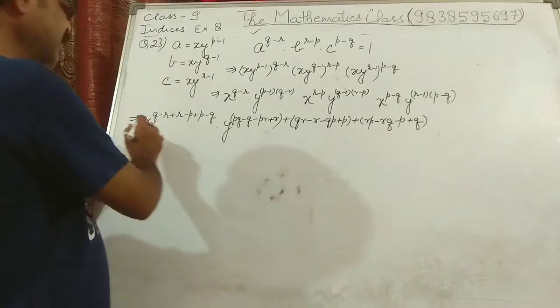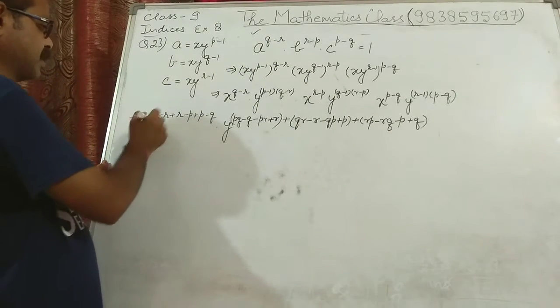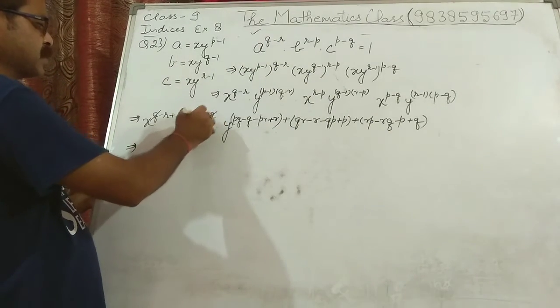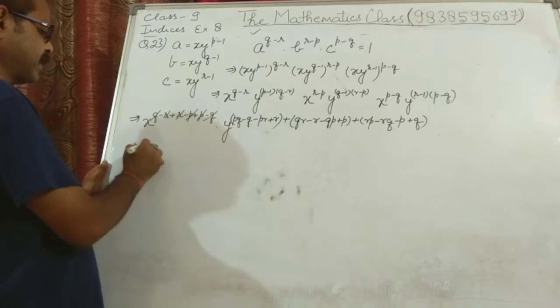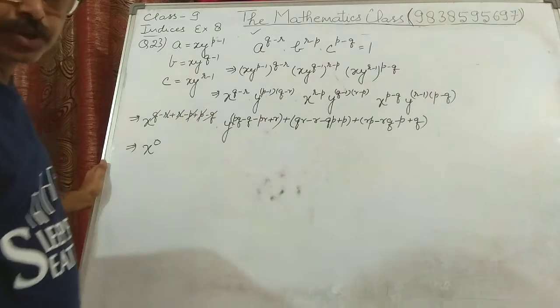Now, in this power of x, plus q minus q cancelled, plus p minus p, plus r minus r cancelled. So finally we got x to the power 0. Something to the power 0 is always 1.